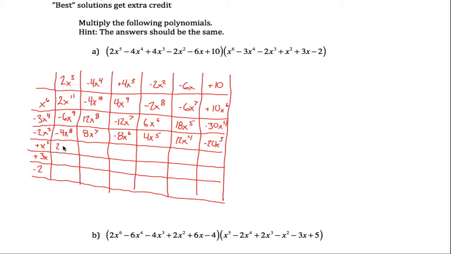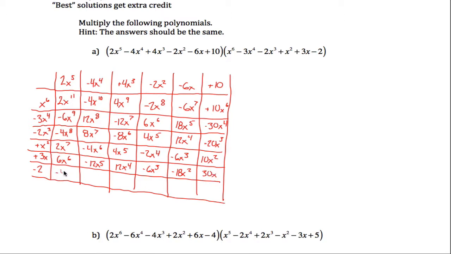Then continuing, 2x to the 7th, negative 4x to the 6th, 4x to the 5th, negative 2x to the 4th, negative 6x cubed, and 10x squared. And then 3x times all those: 6x to the 6th, negative 12x to the 5th, 12x to the 4th, negative 6x cubed, negative 18x squared, and 30x.